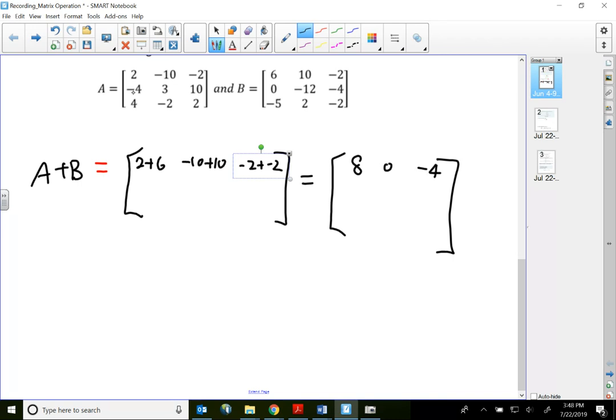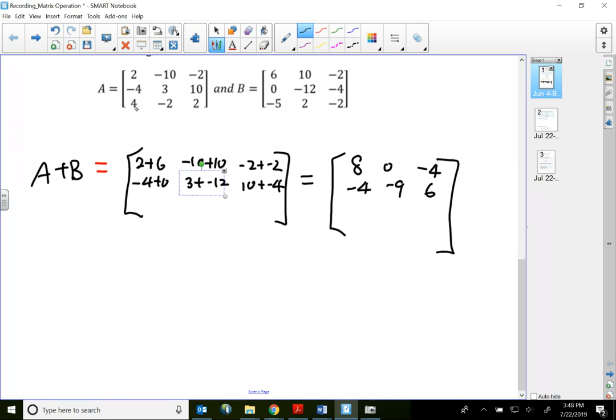Row 2, column 1, negative 4 plus 0, which gives me negative 4. 3 plus negative 12, which is negative 9. Row 2, column 3, 10 plus negative 4, which is positive 6.